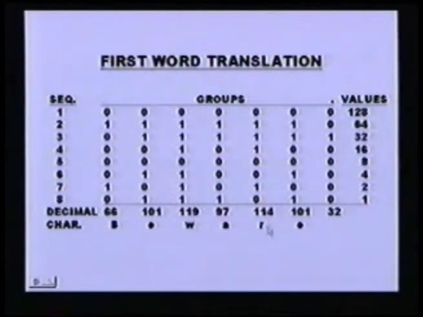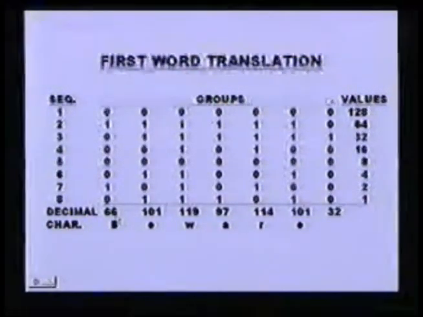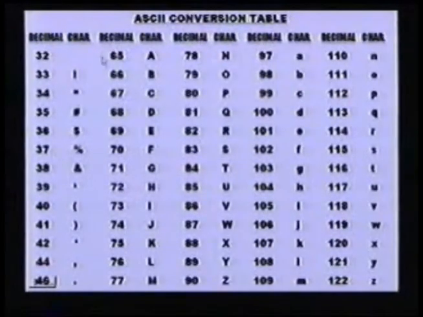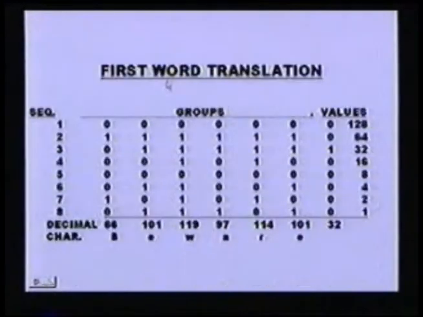The capital letters are here and the lowercase letters are here. These are the same groups which are listed again with their columns of digits along with their related values and associated decimal numbers. Shown below each decimal number is the associated letter that is derived from the ASCII table. These letters spell out the first word of the message on the disk.